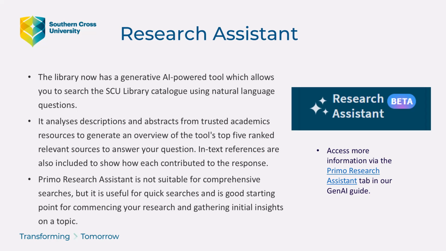The in-text citations are also included to show how each article has contributed to the answer. Although the Primo Research Assistant is not suitable for comprehensive searches, it is useful for quick searches and is a good starting point for commencing your research and gathering initial insights on a topic.